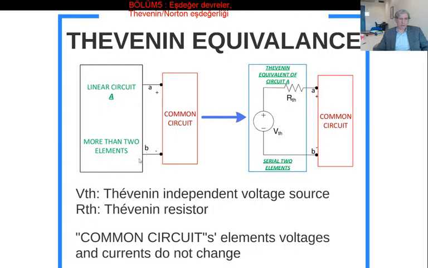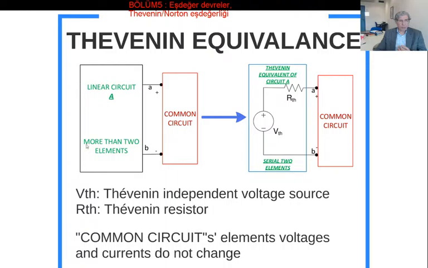That means if you replace that linear circuit A with this Thevenin equivalent circuit, then common circuit elements, currents and voltages are going to be the same. That's why we call it equivalent. Quite interesting. There is a circuit here which has many elements in it and has a topology.